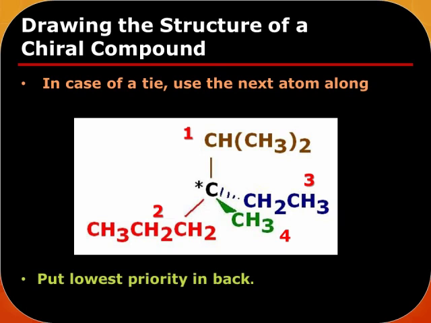Always remember, put the lowest priority in back and the dotted wedged line should be drawn to the third priority, and the line which is protruding towards you should have the second priority, and the line that is above the central chiral carbon should have the first priority. This is how you can draw a 3D structure of a chiral compound. Understood, children?